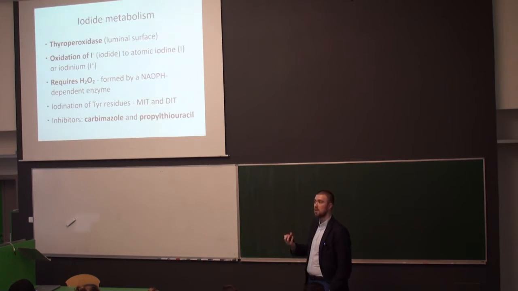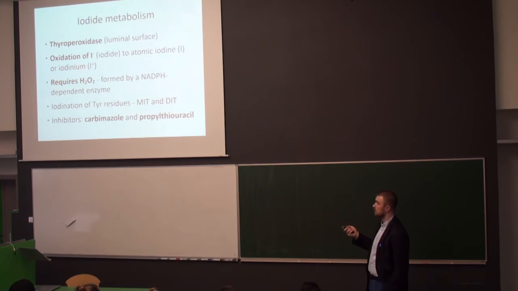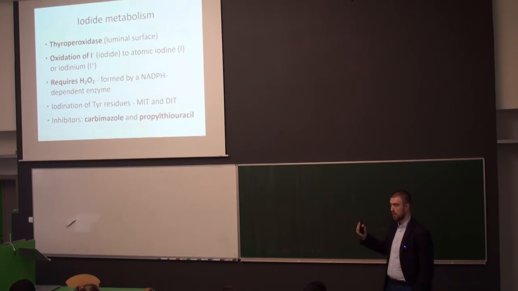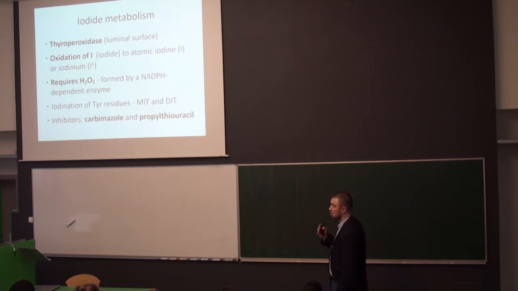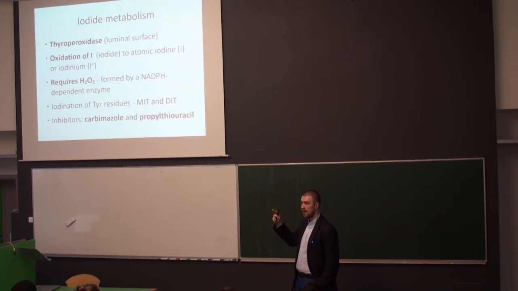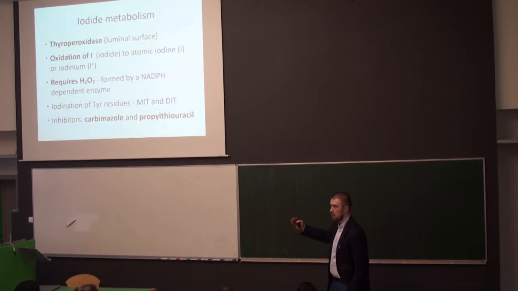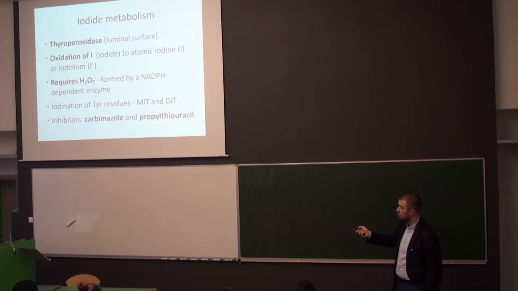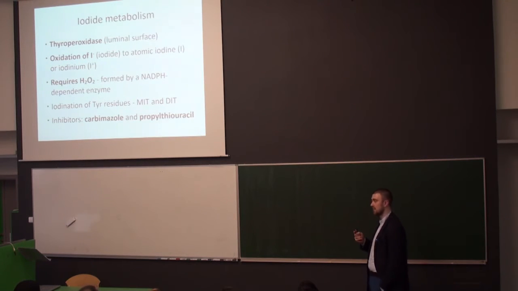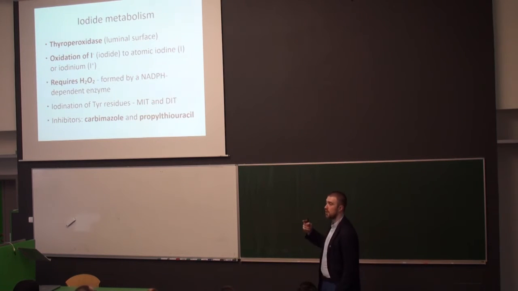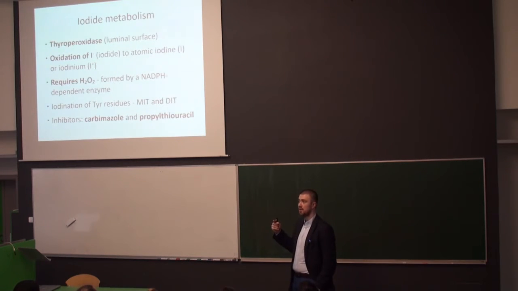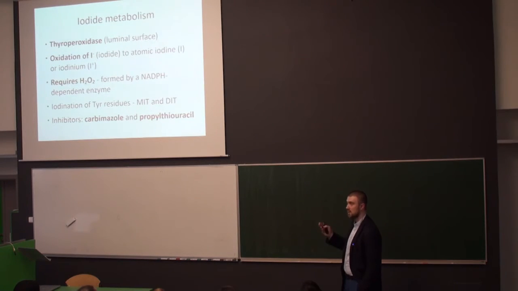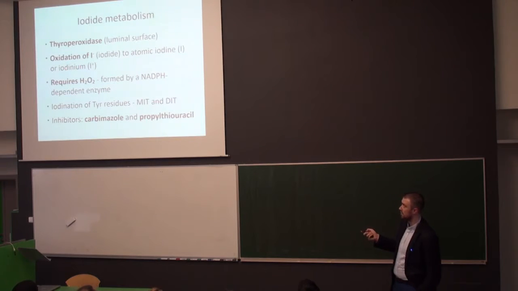That's the first possibility, the radical, or to iodinium, that means to some plus charge. So simply you can say that it's the oxidation of iodide, that means I-, to some positive charge. And these forms can subsequently react with the tyrosine inside the molecule of thyroglobulin. Thyroid peroxidase is called that due to the fact that it needs hydrogen peroxide for the oxidation step.